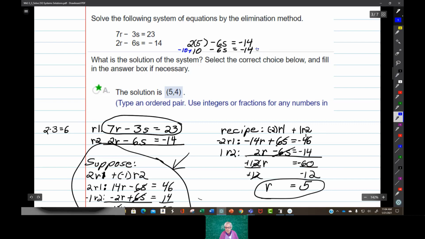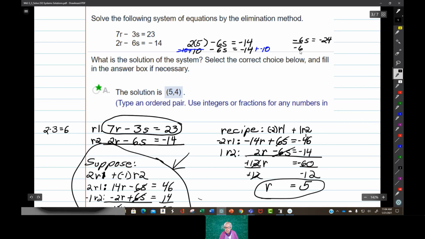Negative 10 plus 10 is 0. So you're left with negative 6S equals negative 24.